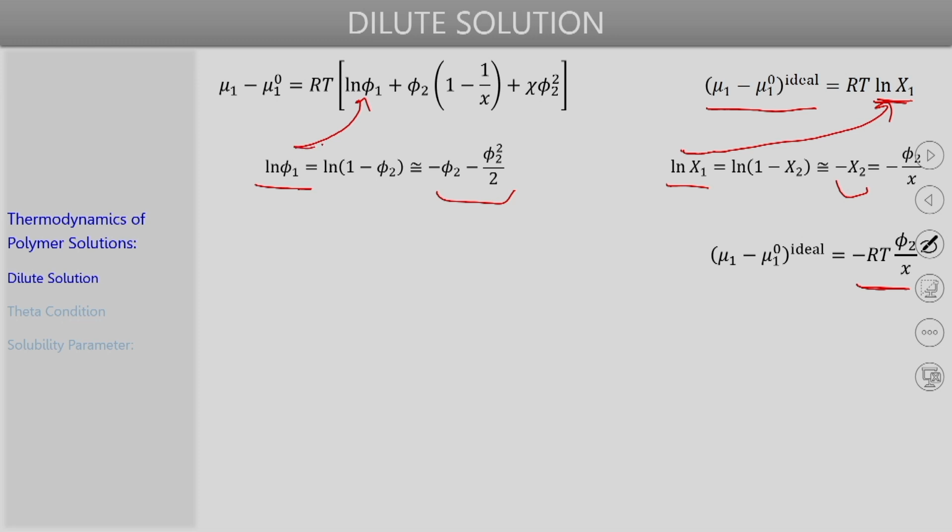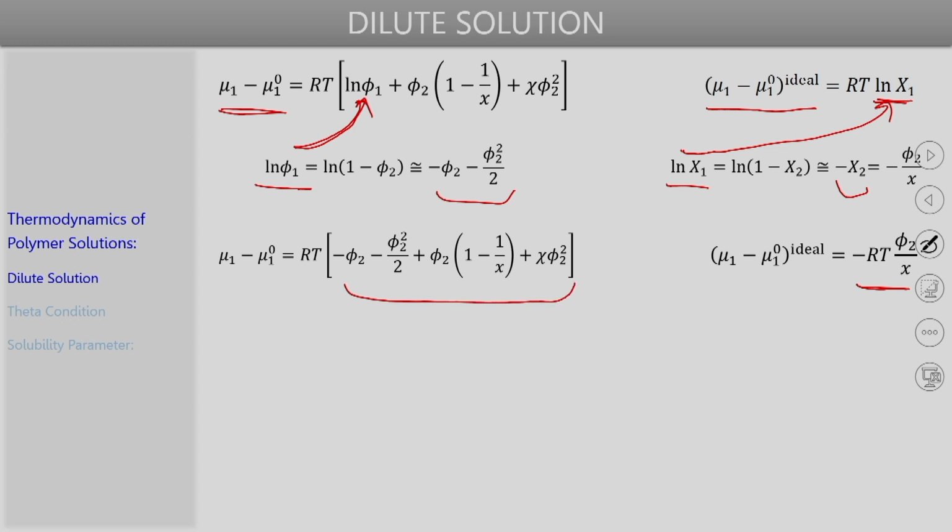Next, if we consider the substitution of the ln phi 1 term in the expression for mu 1 minus mu 1 naught, then we get this expression here, and these two terms come from the ln phi 1 expansion. And what we see is that this minus phi 2 here and the plus phi 2 here will get cancelled. So, two terms get cancelled, and upon simplification this is the expression that we get.